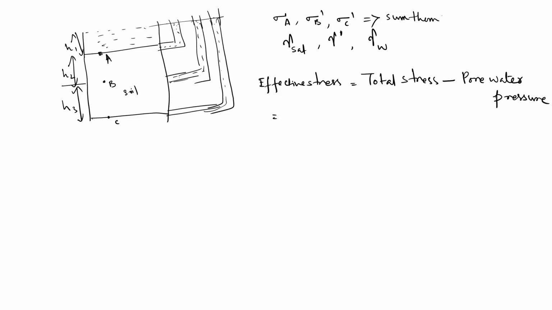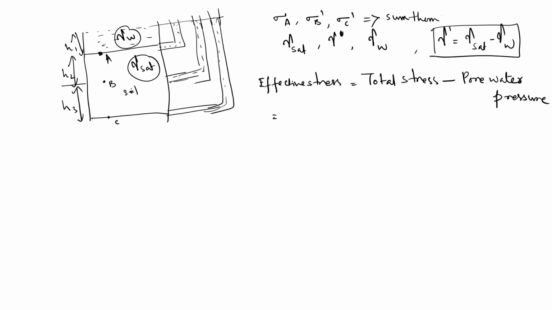Here, this is gamma W and this is gamma sat, the total unit weights of water and soil. To find out the net unit weight of the soil when the water is filled above, you need to find out the gamma submerged. How to calculate gamma submerged? It is equal to gamma saturate minus gamma W.